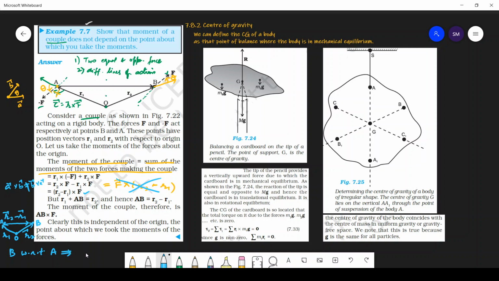First of all, this relative position is its position with respect to origin minus the position with respect to A, means the position vector of B minus position vector of A. So this is one way of understanding it. Another way you can find it is from the triangular law of addition. Reaching O to B directly R2, so O to A, R1 plus you add this, so R1 will cancel out and you will get R2 only.